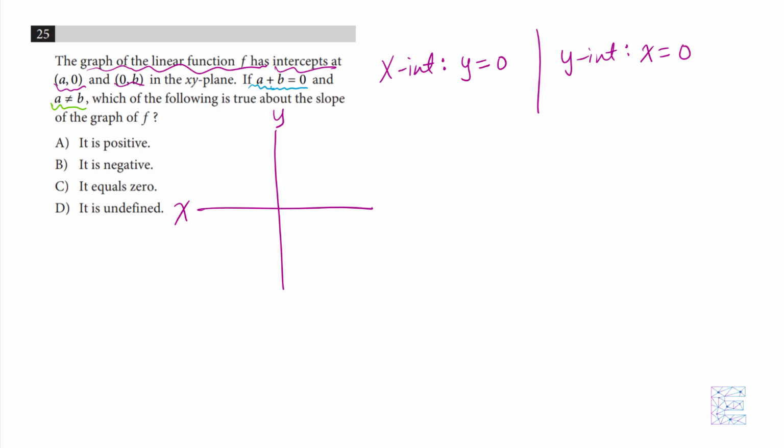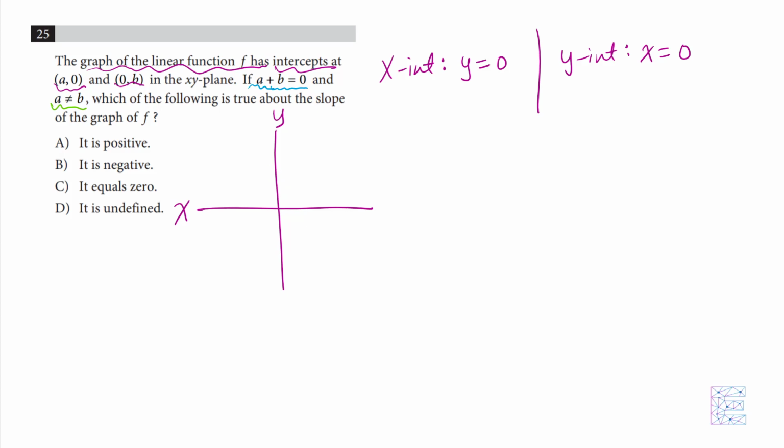So let's say that we have a line that sort of looks like this. We can see at this y-intercept, the value of x is 0, and at this x-intercept, the value of y is 0. That's what I'm trying to show you. That's the concept behind this question.